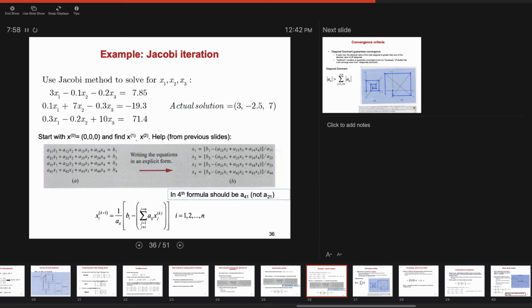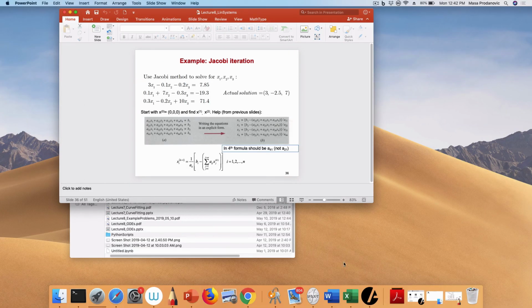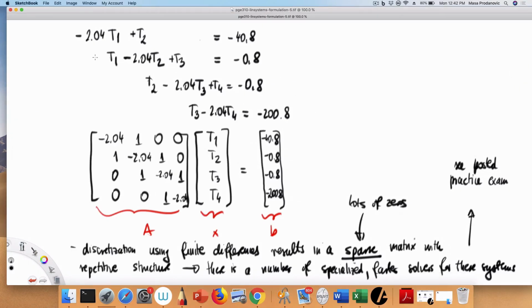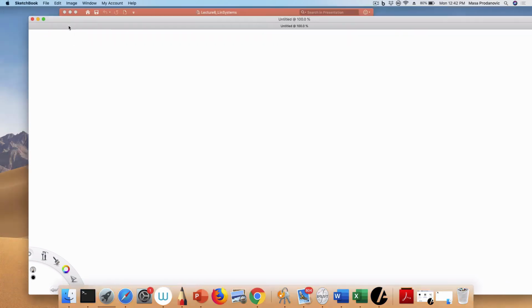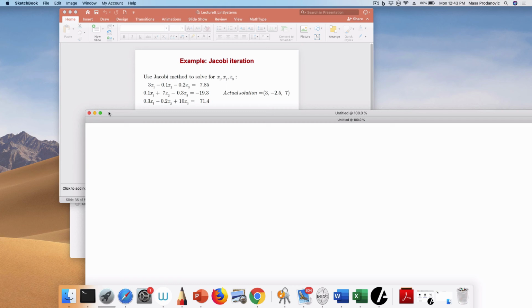Did everybody come up with the equations? Okay. So my first equation is 3x1 is equal to 7.85, in this case plus 0.1 x2 plus 0.2 x3.